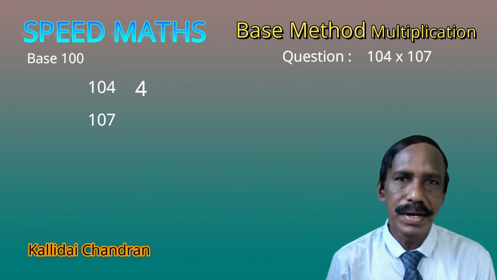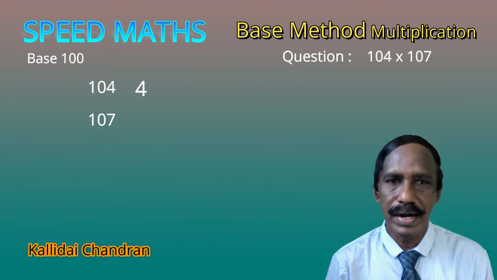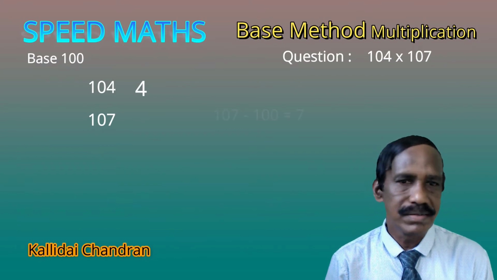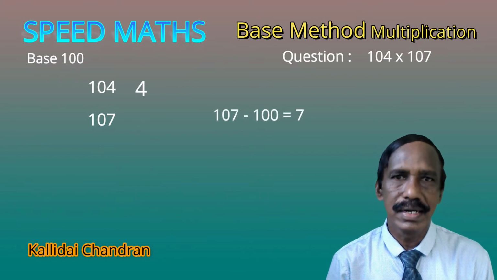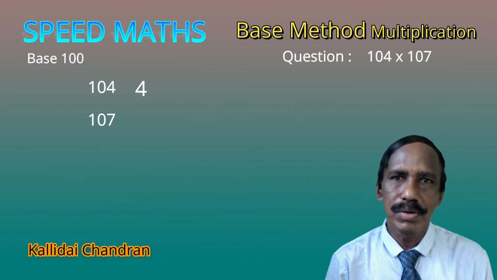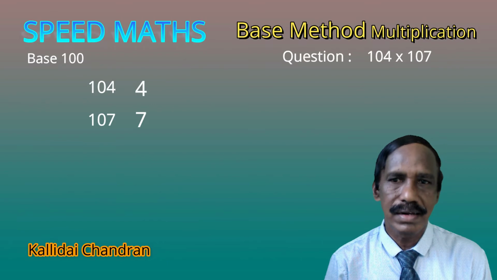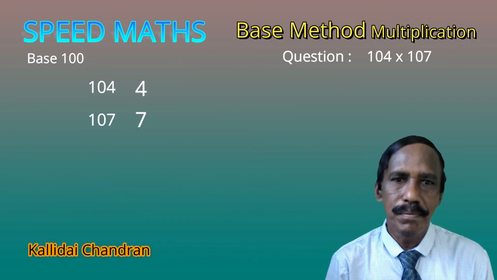Likewise, deduct the base number of 100 from 107 and write the answer of plus 7 as displayed here. Now we have to multiply 4 and 7 and the answer comes to 28. Write the answer of 28 below 7.